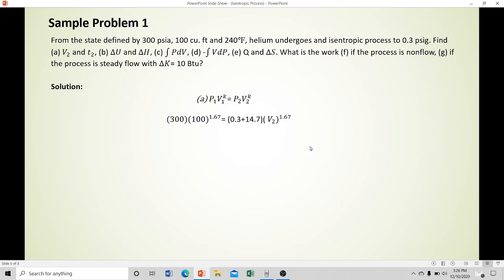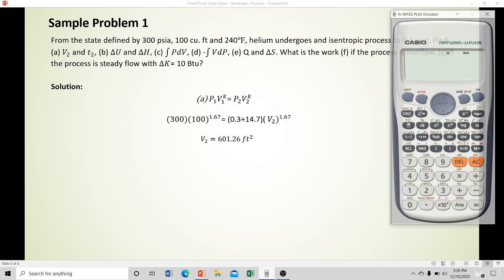Since 0.3 is a gauge pressure, we have to convert it into absolute pressure. V2 is the unknown, the volume 2. If we calculate this, we can get the value of volume 2, which is equivalent to 601.26 feet.